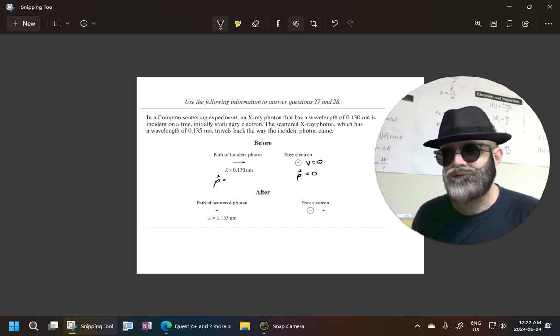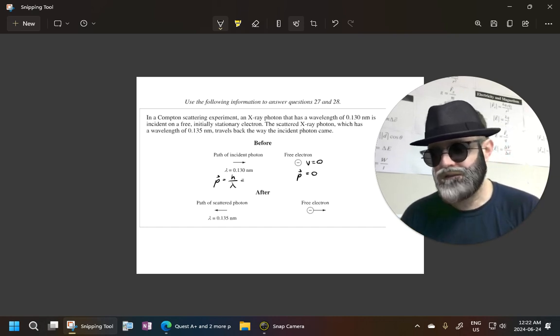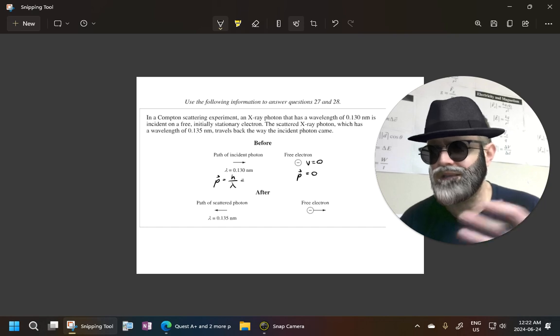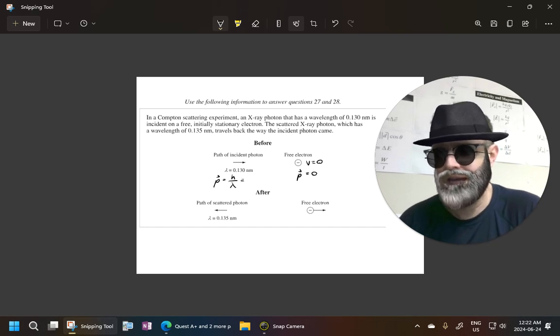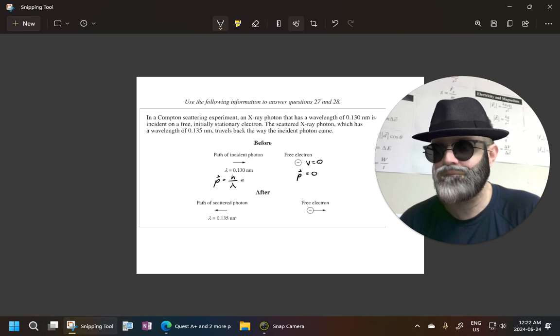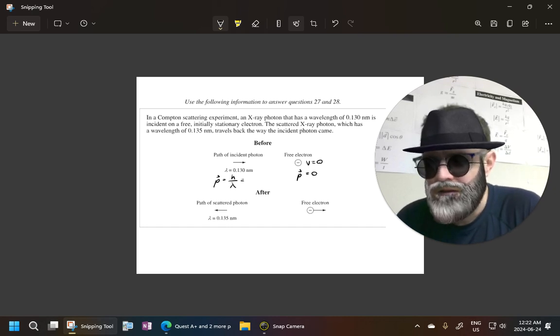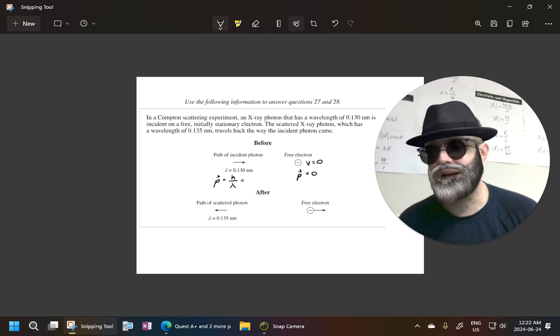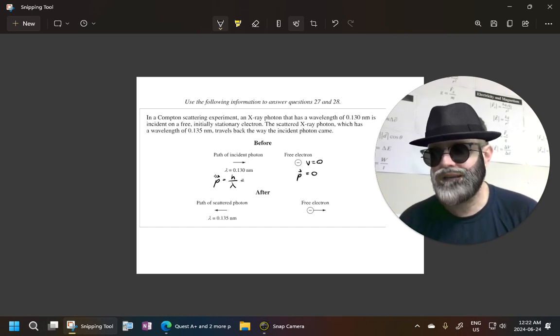Over here, I can find the momentum of this photon by using this de Broglie/Compton formula: h, you always use the 6.63 number with this one, divided by its wavelength, making sure it's in meters, so times 10 to the negative 9 on that one. So this has an initial momentum of 5.1 times 10 to the negative 24 kilogram meters per second.